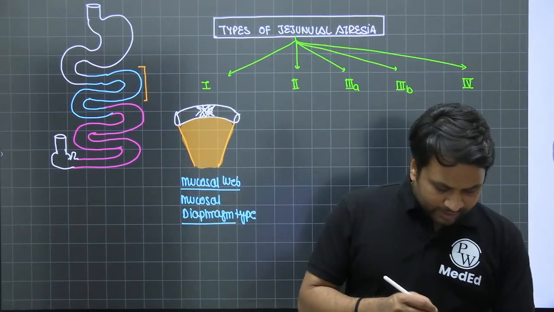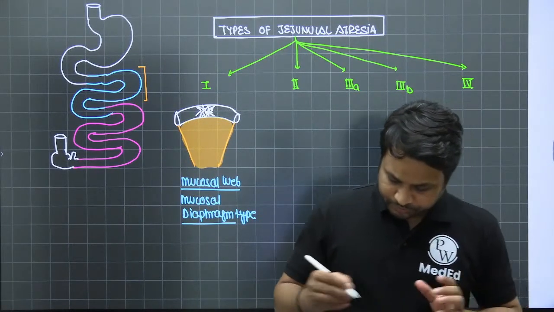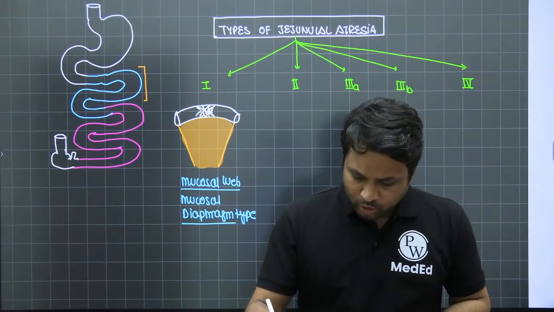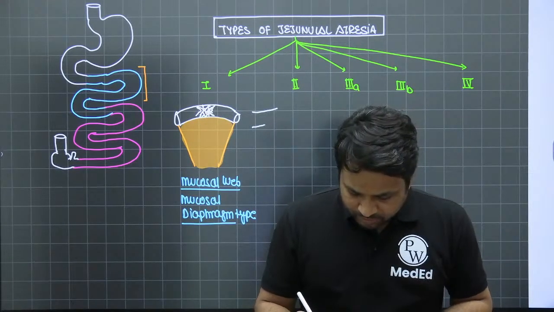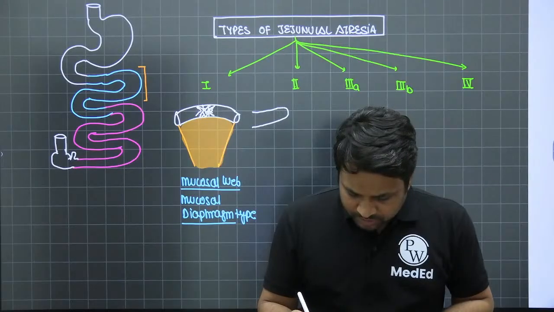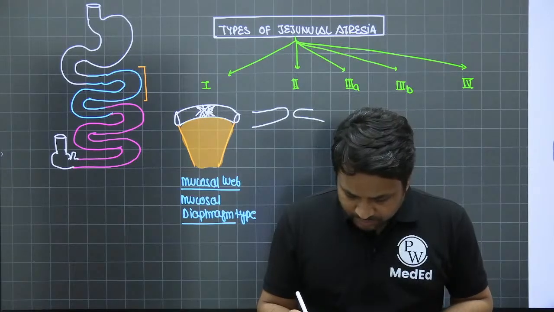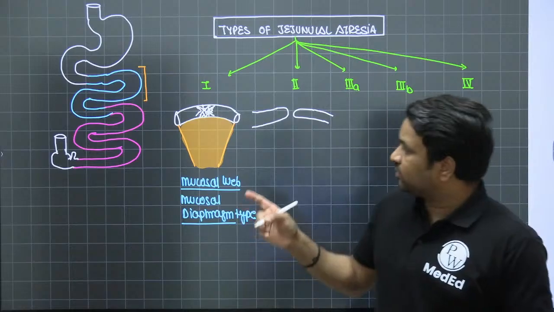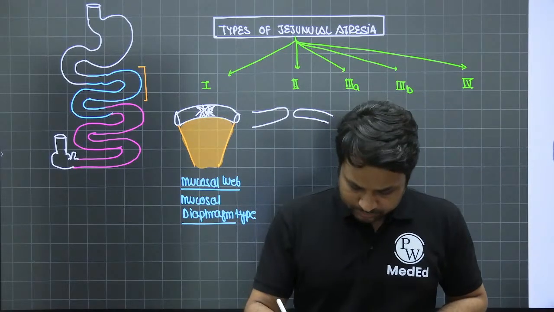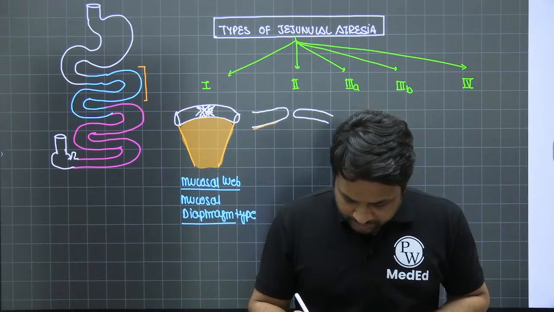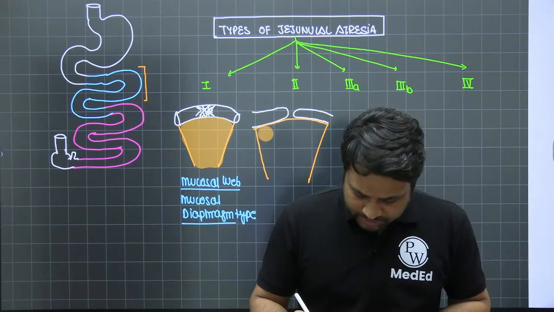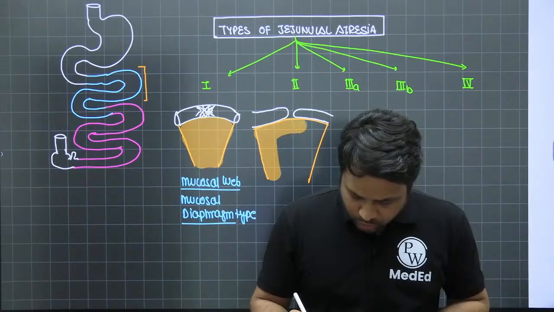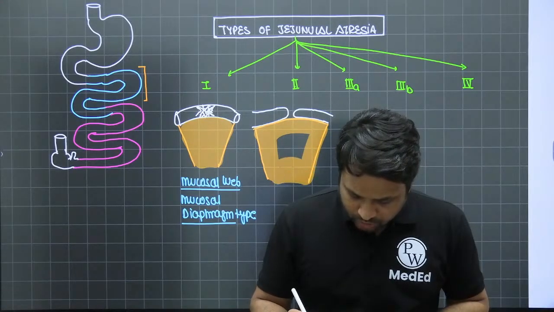In the type 2 variety, you have a pure atretic form. This is the proximal end of the bowel and this is the distal end of the bowel. Both of them are not channelized, but you will notice that there is mesenteric continuity between the two ends of the bowel.